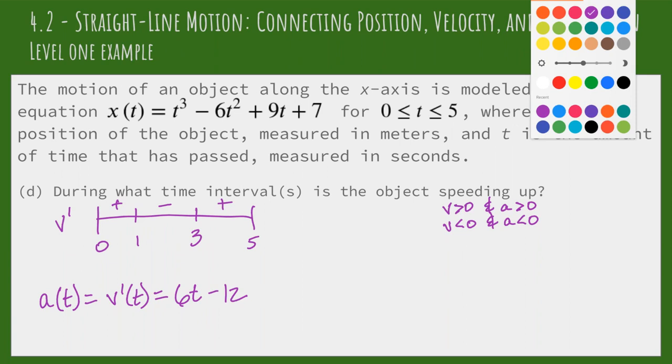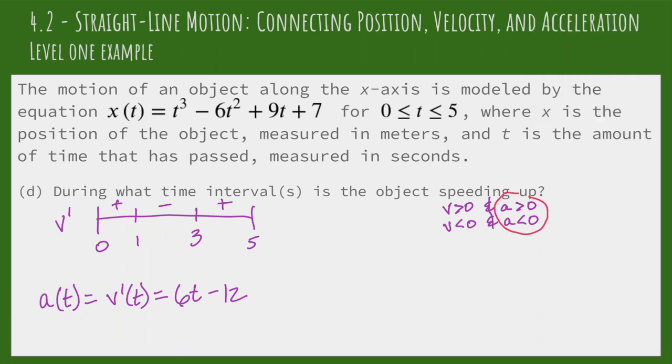To start with, if I want to know when the acceleration is positive or negative, I'm going to start by figuring out where it might change from positive to negative or vice versa. I'm going to do that by finding out when it's 0. So the acceleration equals 0 at t equals 2.